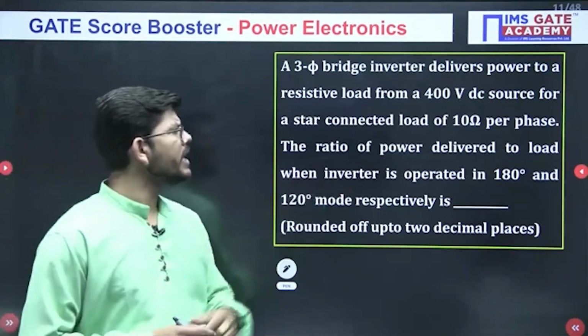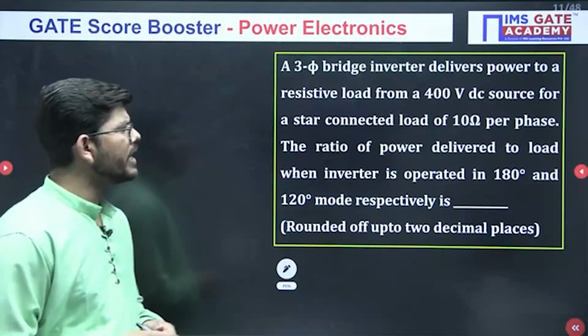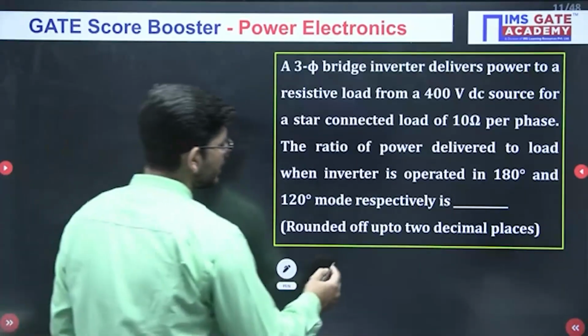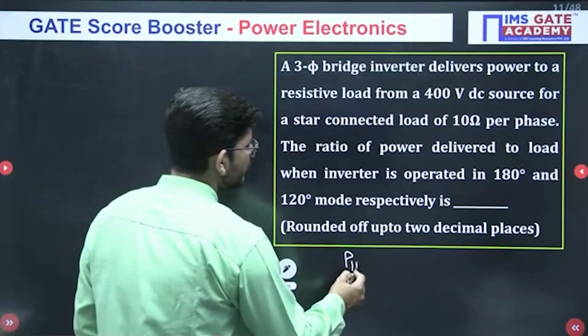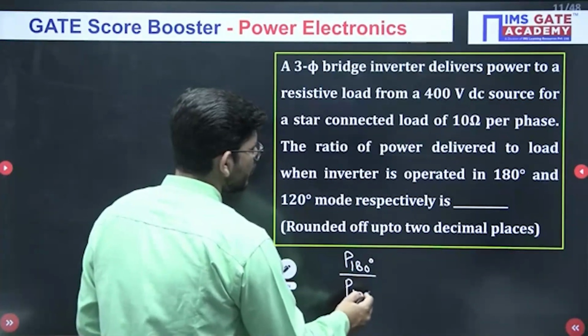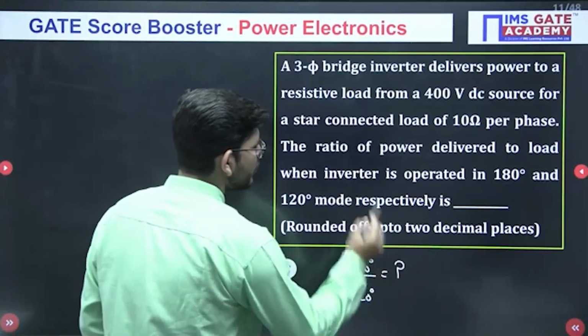The ratio of power delivered by the inverter when it is operated in 180 degree and 120 degree mode respectively. So what you have to calculate? You have to find the ratio of power in 180 degree to 120 degree. This is what you have to calculate here.